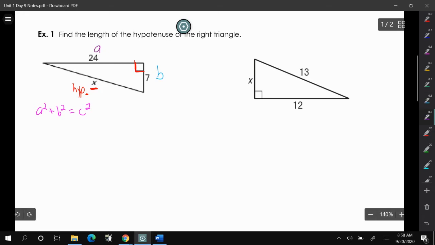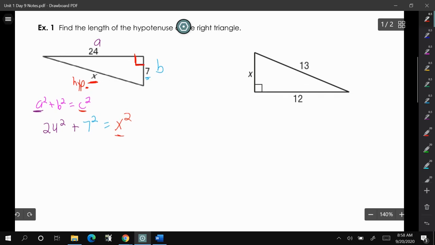So we have A is 24 plus B is 7 equals x, because we don't know what that is, so x squared. That's our Pythagorean theorem.